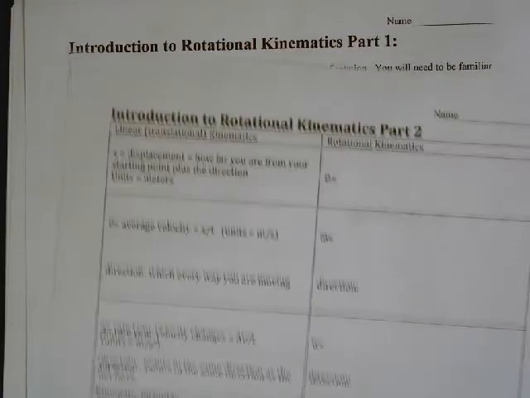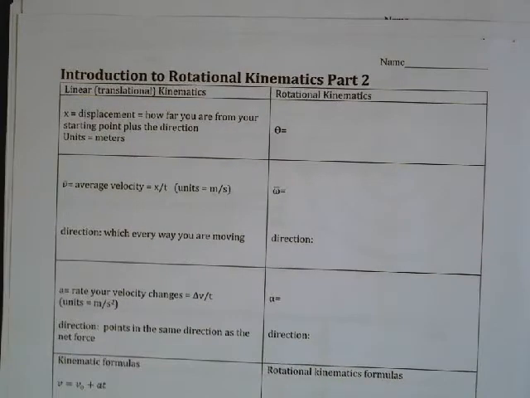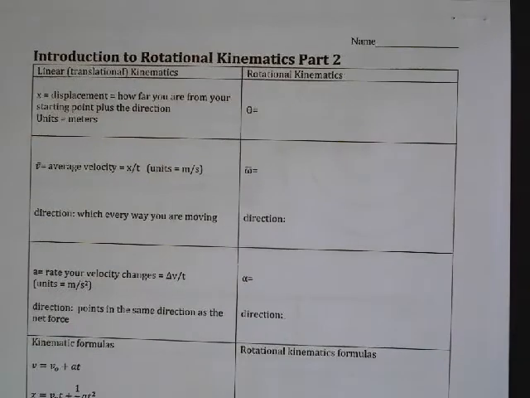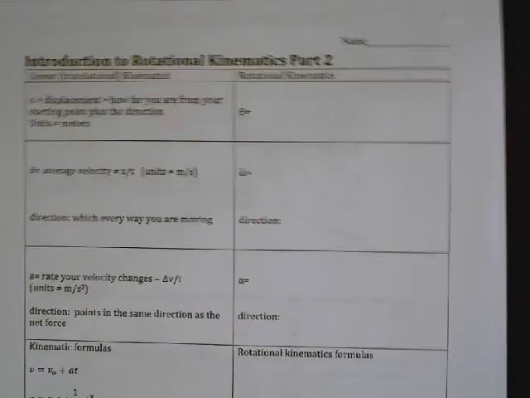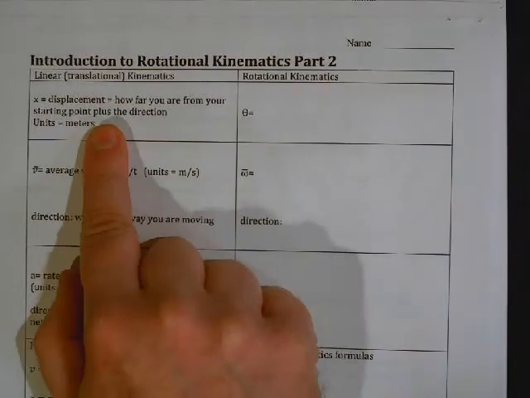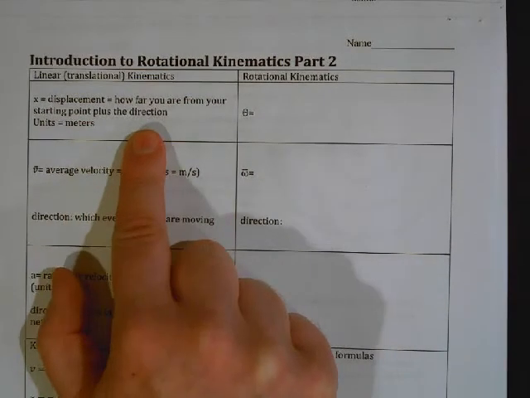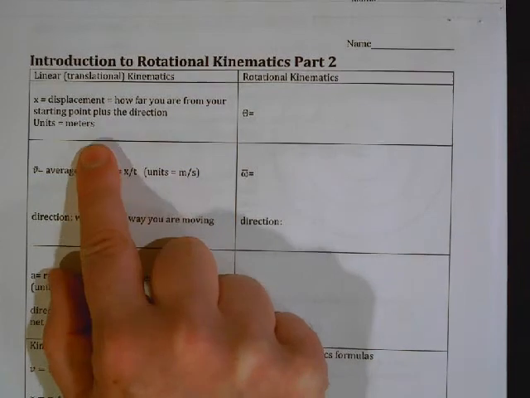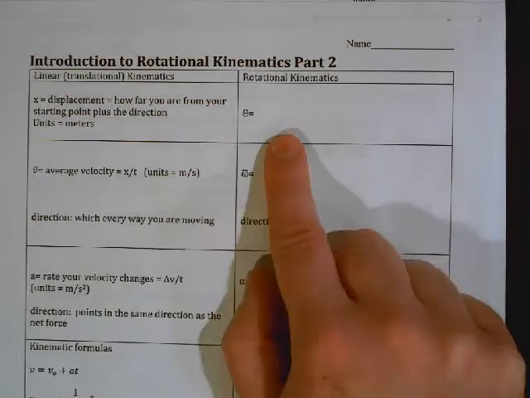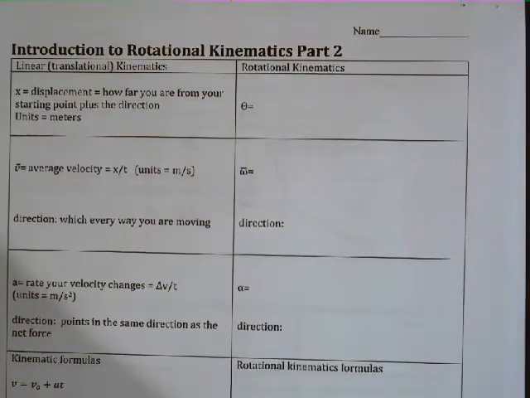Okay? All right. Then if we flip to this page, and this is, again, going to be important stuff, so make sure you are following along and take some notes here. But displacement is how far you are from your starting point plus the direction you went. The units are meters.